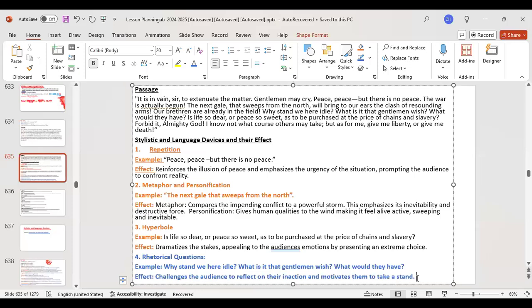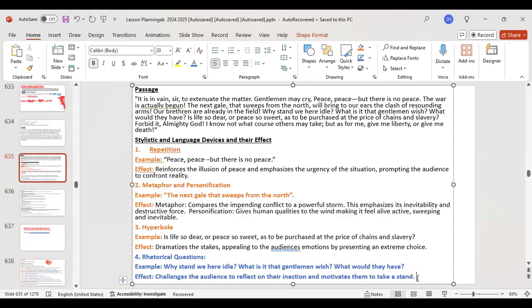Peter Piper picked a pack of pickled peppers. When you repeat a consonant, a letter, a set of letters, or a sound constantly, that's alliteration.